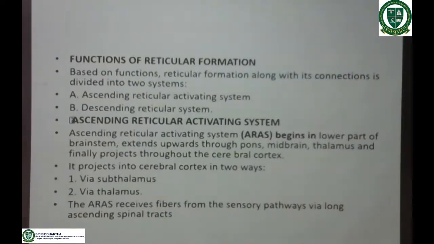Now we will see the functions of the reticular formation. Based on function, the reticular formation, along with its connections, is divided into two systems. One is ARAS, the ascending reticular activating system. Second is the descending reticular system. The ARAS begins in the lower part of the brainstem, extends upwards through the pons, midbrain and thalamus, and finally projects throughout the cerebral cortex.